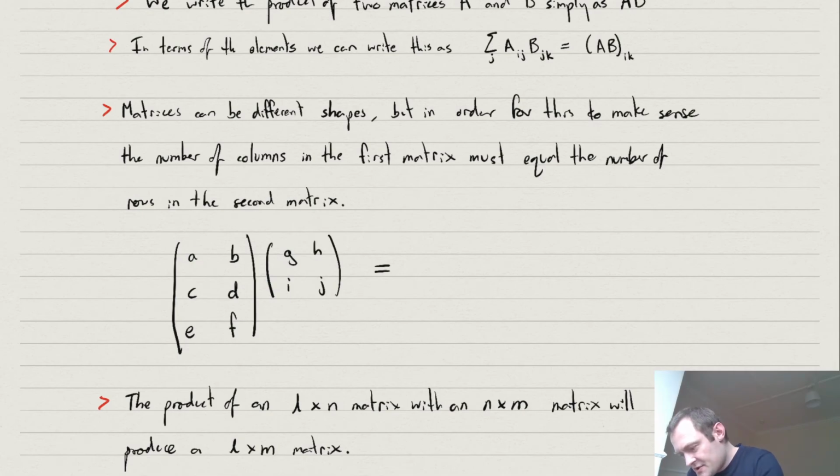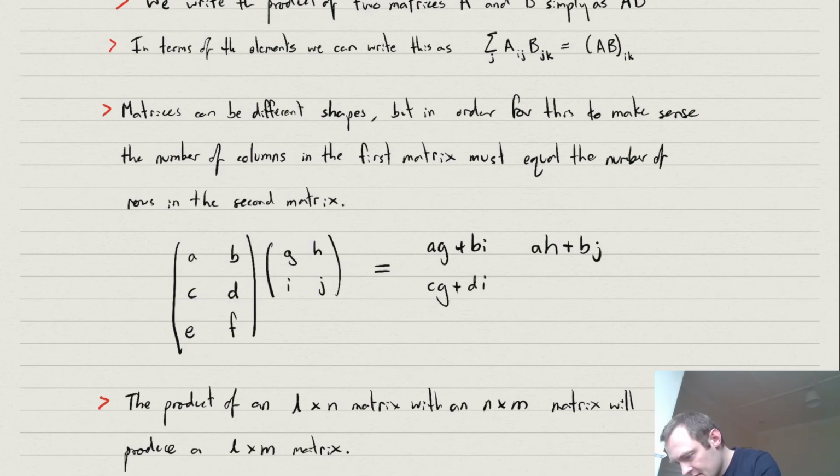So A times G plus B times I. Then here and here, A times H plus B times J. Then let's work along this row. So C times G, D times I, CG plus DI.